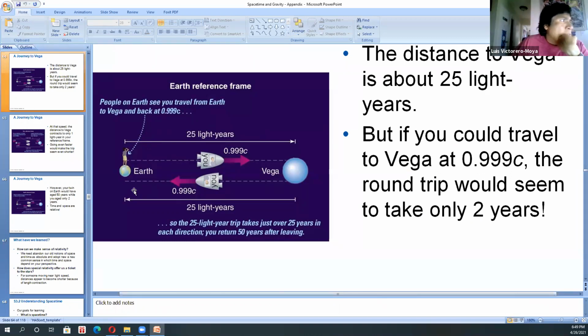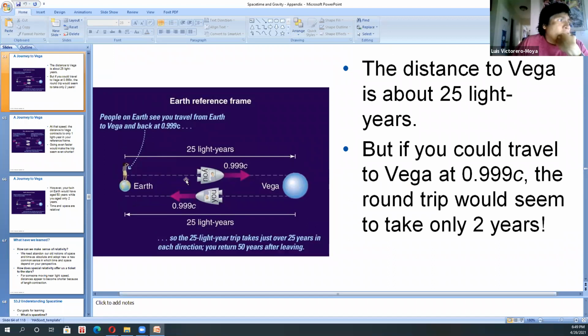It will be even more than that. All right. If you are traveling at the speed of light. But why? Because if you could travel at this speed, it will seem that it took you only 2 years. We're talking about biological clocks in there right now. All right.